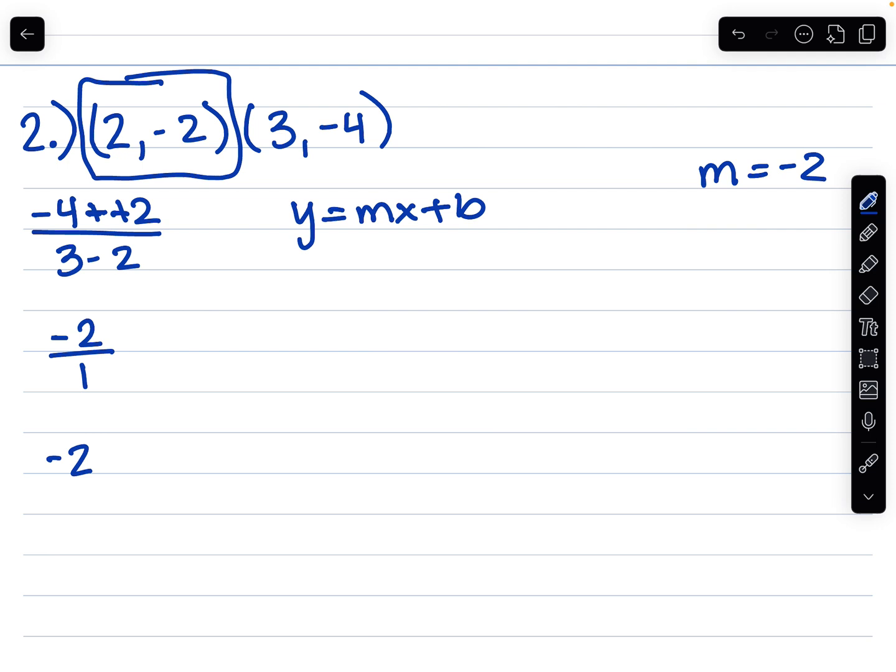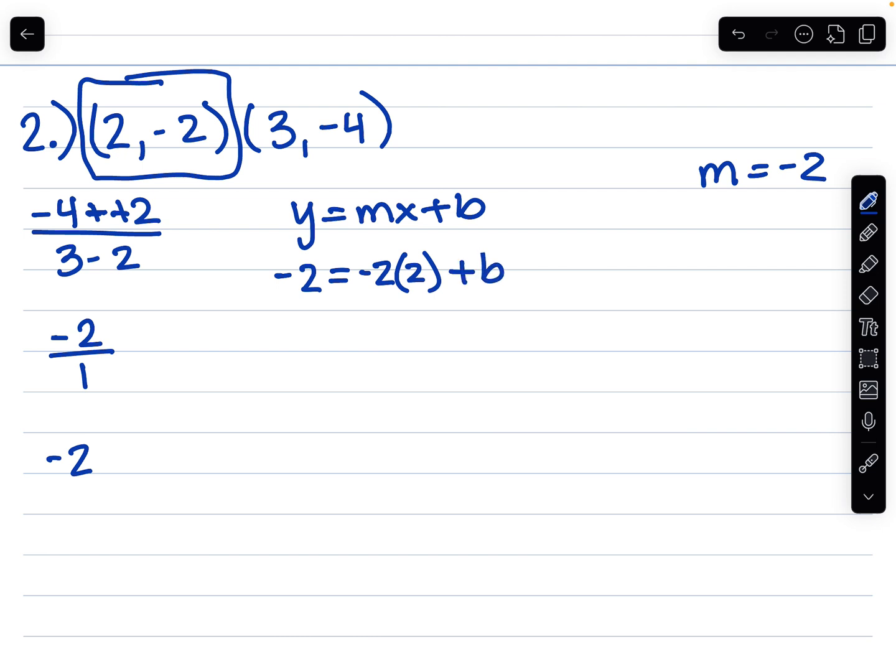Okay, so Eric, if I chose the first ordered pair, what number am I plugging in for y? What's the y value in that first ordered pair? -2. Okay. Evan P, what am I plugging in for m? The -2 that we found earlier. Okay. And then Alice, what about for x? +2.